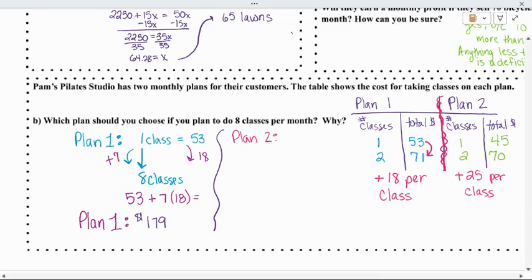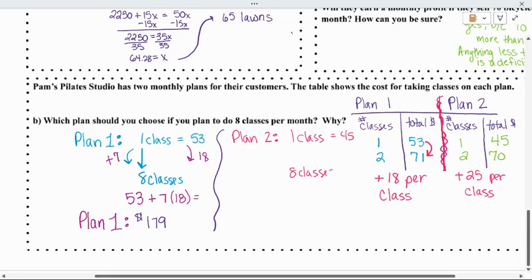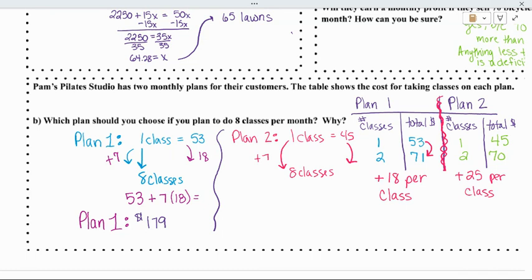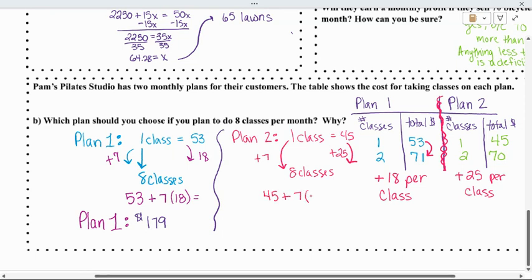So Plan 2, we have that one class is $45. If we want to know about 8 classes, we're going to do the same thing. We're going to add 7 on the left, but the increase in our class cost is how much? What am I paying actually per class? 25, yeah. So we can take the cost for one class, $45, plus 7 times 25.